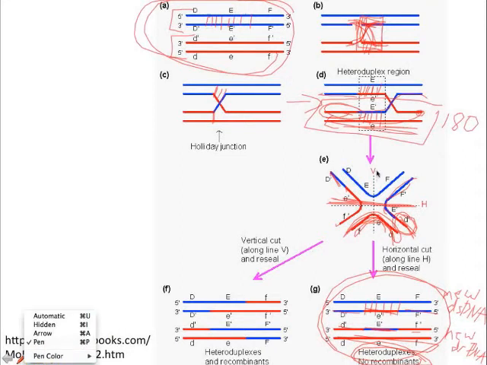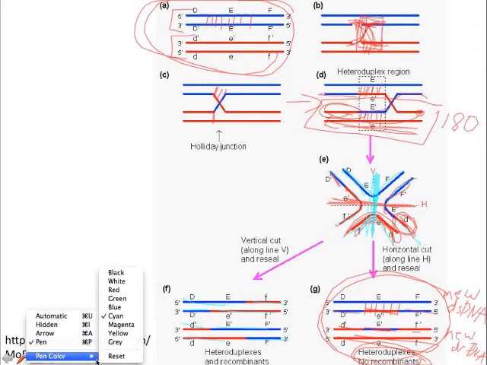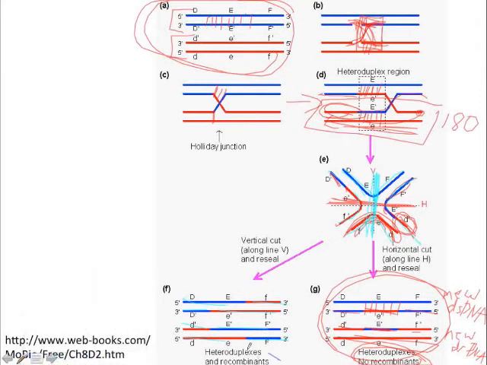And so if we cut vertically right here, we now have blue, red, blue, red. And on the other side, blue, red, blue, red, blue. So red, blue, red, blue. And so in this particular case, we do get recombinant products because this right here is quite different from here.